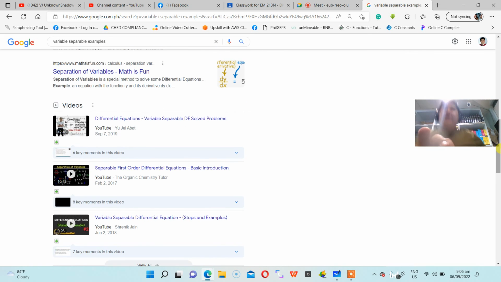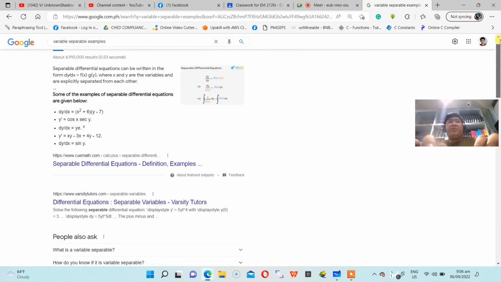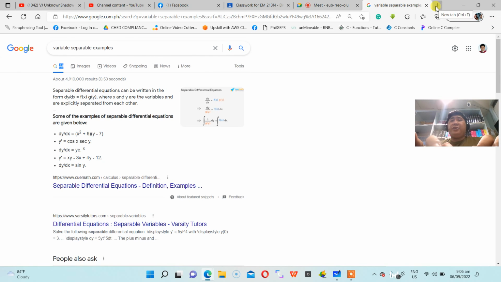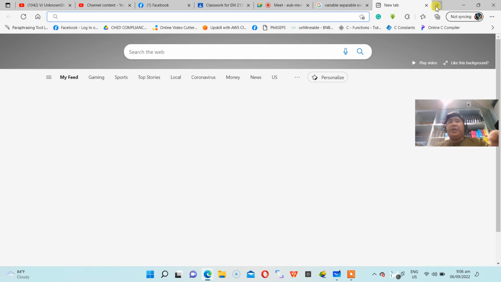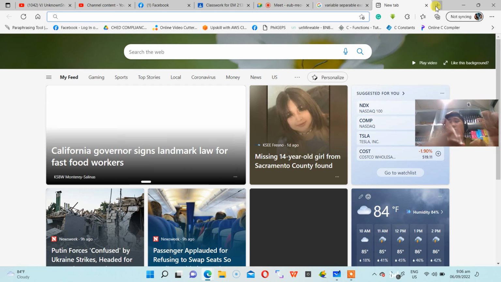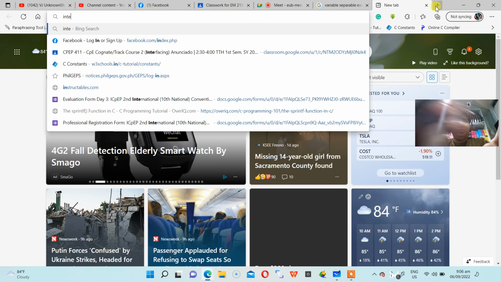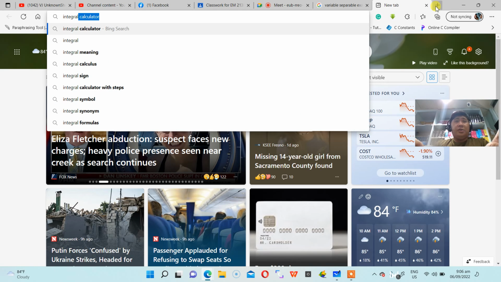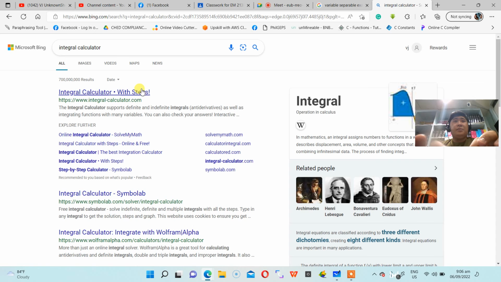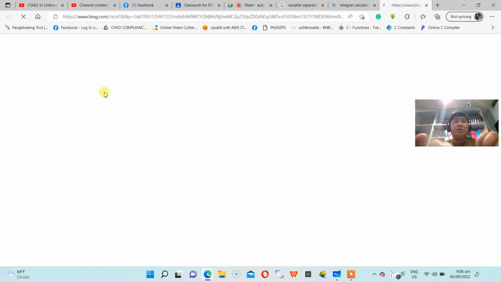So if you have some difficulties in remembering some of your identities or how to solve your integral and differential calculus, you could just key in integral calculator, okay, and then press that one, and then here you could see the integral calculator.